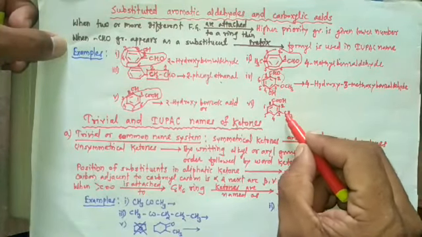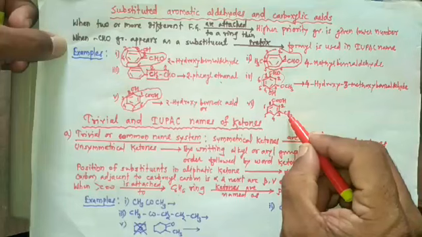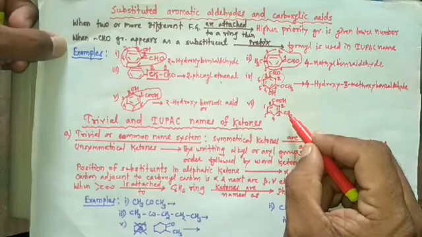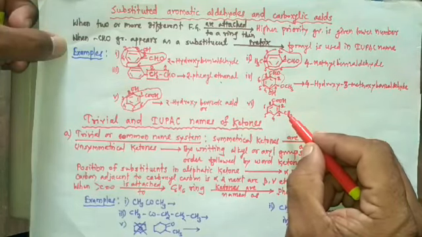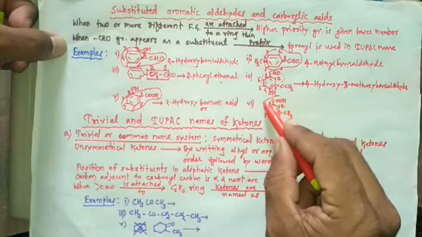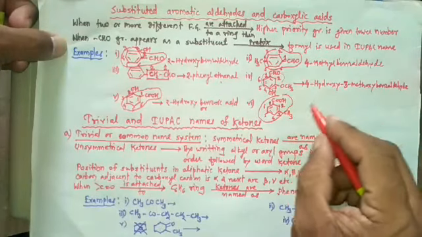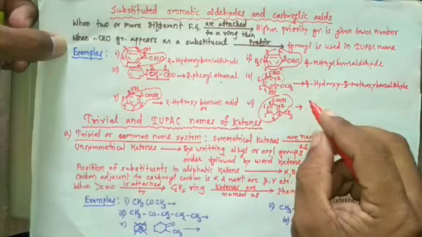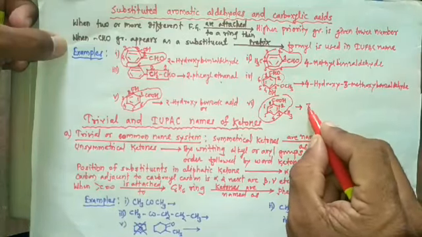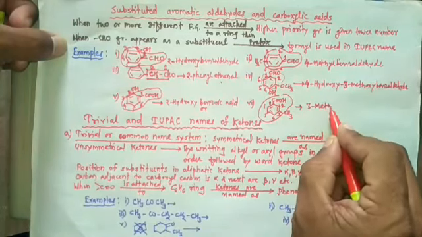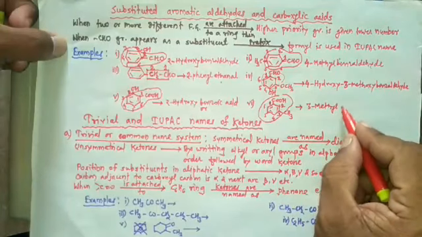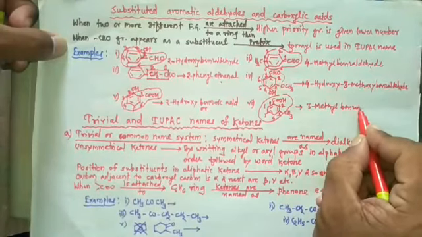So on the third carbon atom a methyl group is present and parent compound is again benzoic acid. That's why its IUPAC name is 3-methyl benzoic acid.